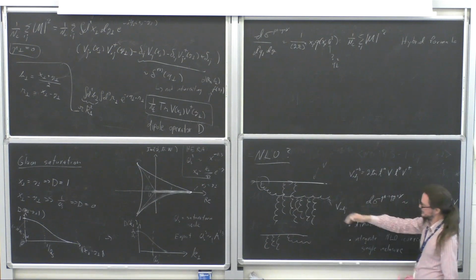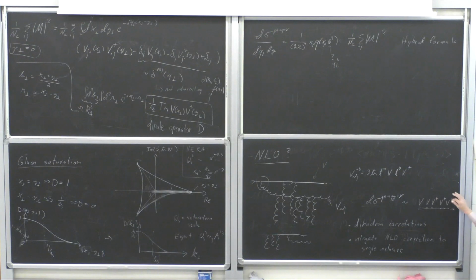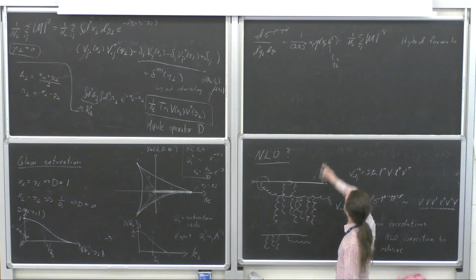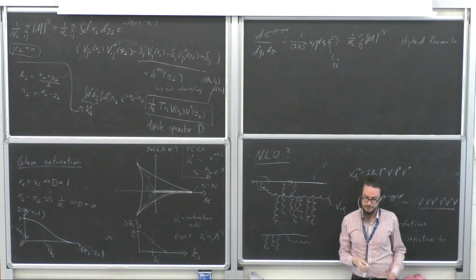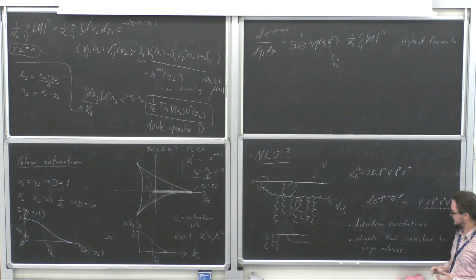So if you calculate these kind of diagrams, you calculate the wave function, you calculate the color algebra, you have some idea of what these 6 Wilson line operators are like, and then you integrate. You can get NLO, next to leading order, corrections to single inclusive particle production, to the hybrid formula. This is the thing that was done by Kirilik, Xiao, and Yuan in 2011.